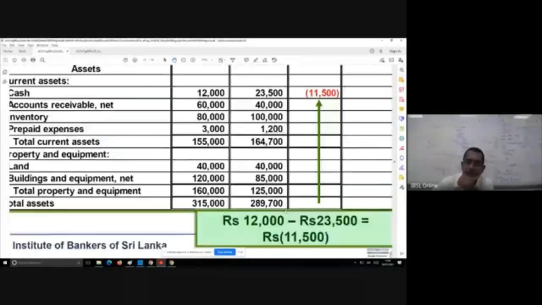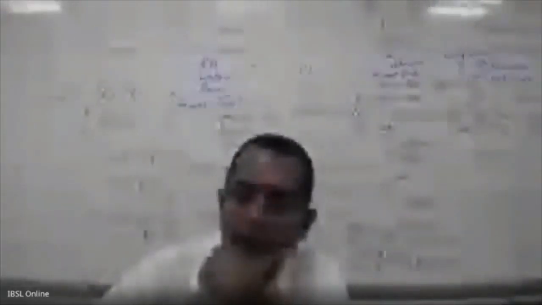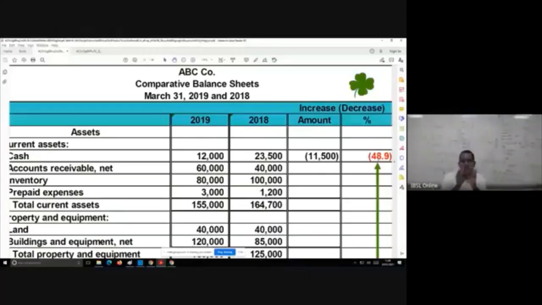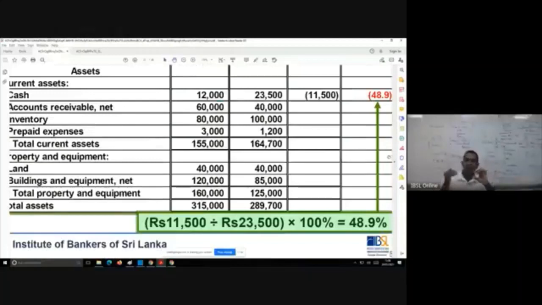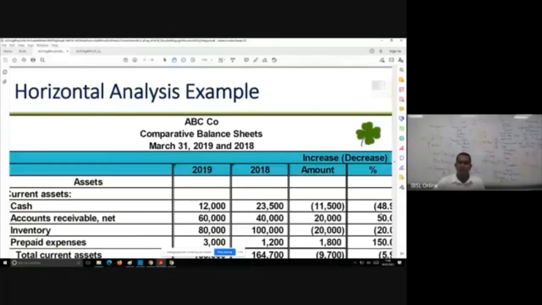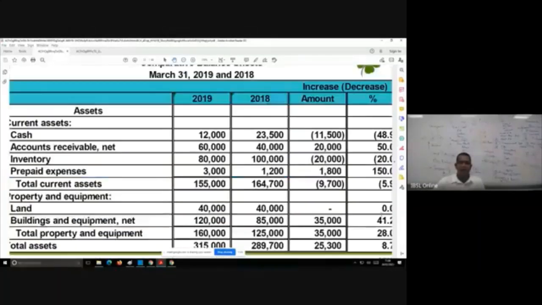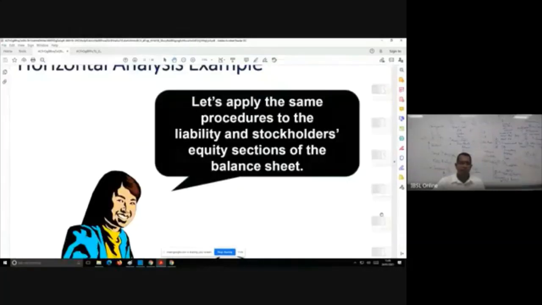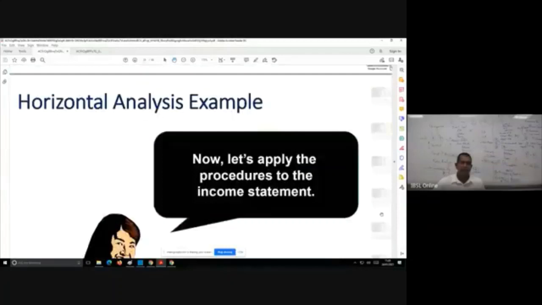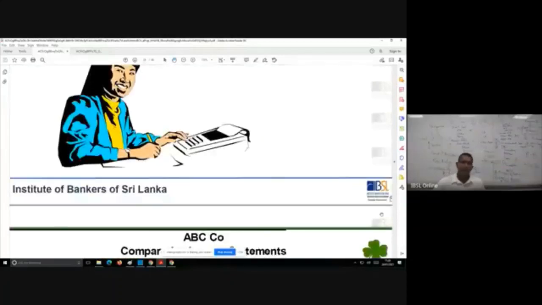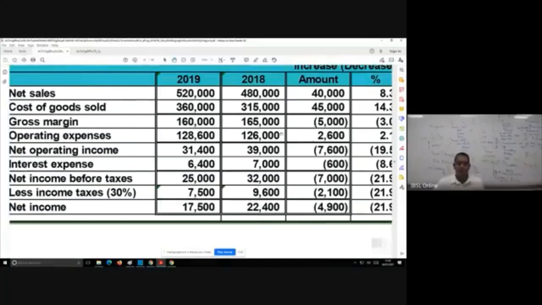So it is negative 48.9%. So we are evaluating the same item between 2 periods. Right? How it has changed in absolute terms and percentage terms. So you can do that for all the items. This is the equity side. So we don't need to waste time. That's the method we are doing.